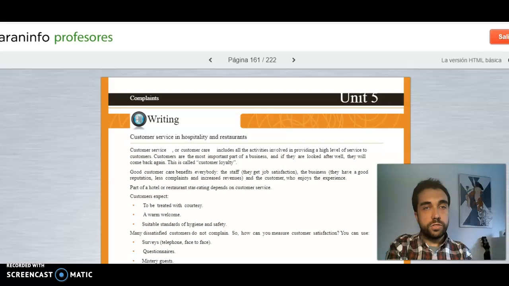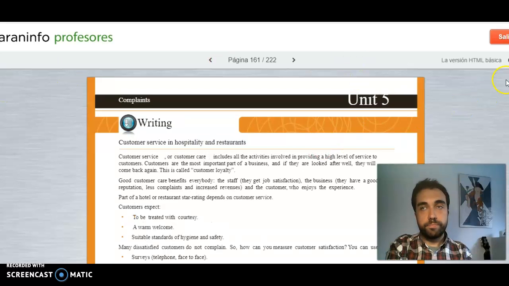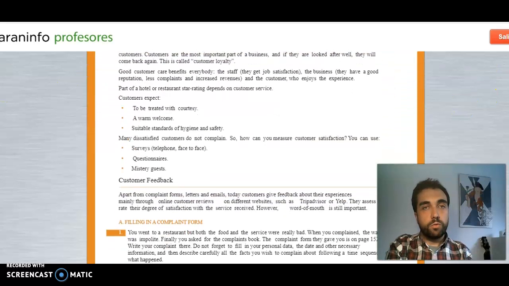So we can check that for a hotel or a restaurant, there is some customer service that the customers expect. The first one is to be treated with courtesy. The second is they want a warm welcome. And finally, they want standards like hygiene or safety that we have to achieve.